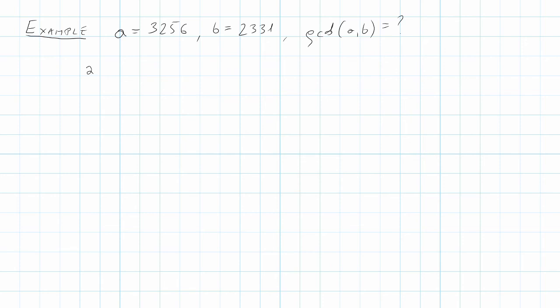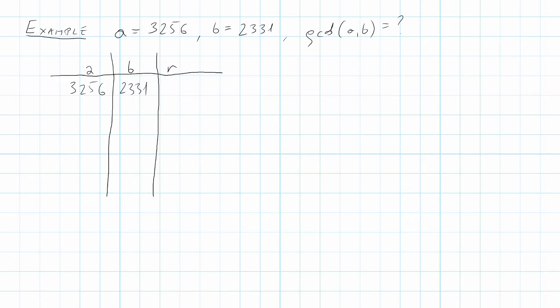So we have a, we have b, and we have a remainder. So a is 3256, b is 2331, and now it's obvious that the quotient is 1, the 2000 fits in 3000 just once, and the remainder is the difference between the two, so it will be 925. And what we do now, we just shift.